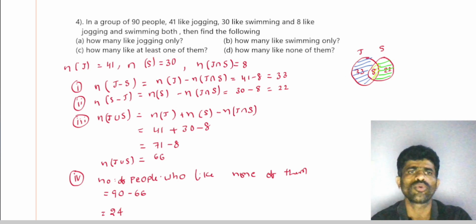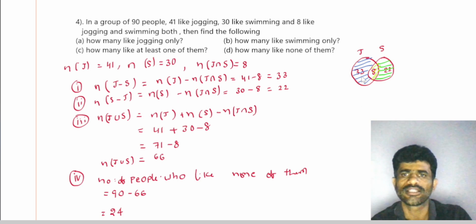Now when you want the total number of people, we have to add all these three: 33, then 8 and 22.